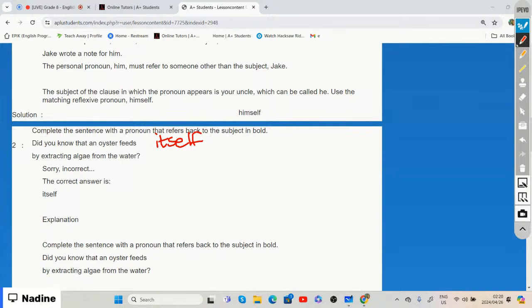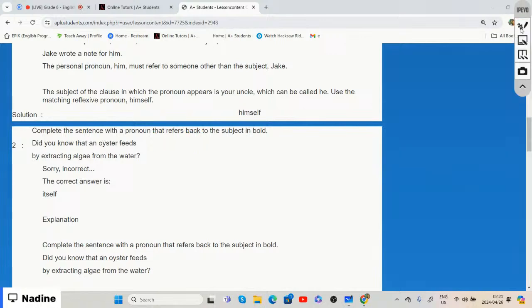Which means that itself, right, refers back to the oysters. And we can say the pronoun of the oysters is it, right? So did you know that an oyster feeds itself by extracting algae from the water? So it refers back to oysters.